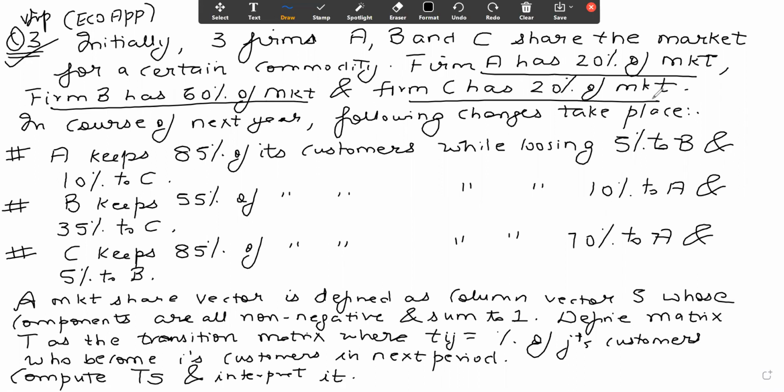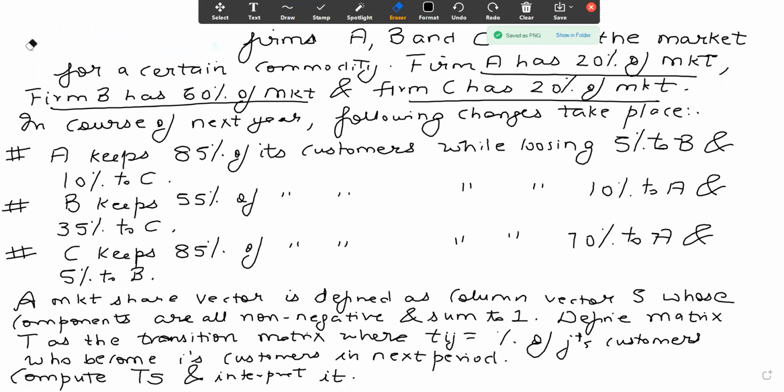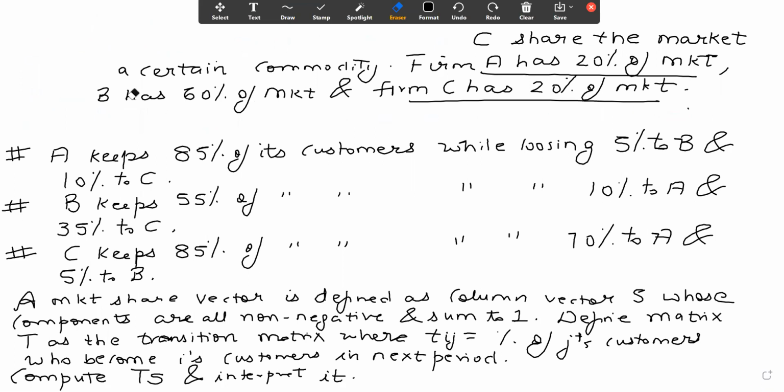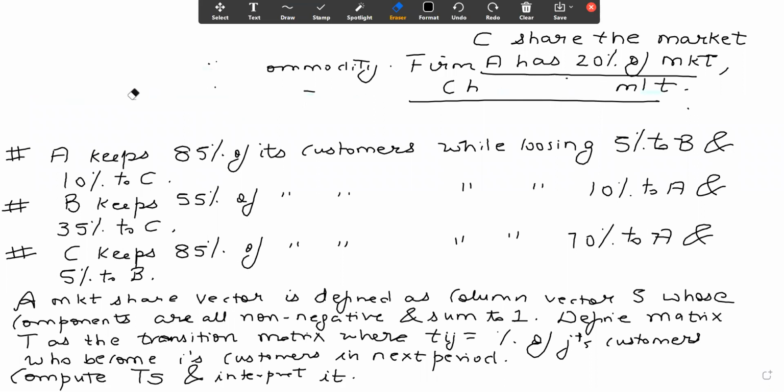So now guys, I am erasing only the first paragraph. Hoping that students have written down this question by now, I am just erasing the first paragraph. Okay, and let's solve this question.